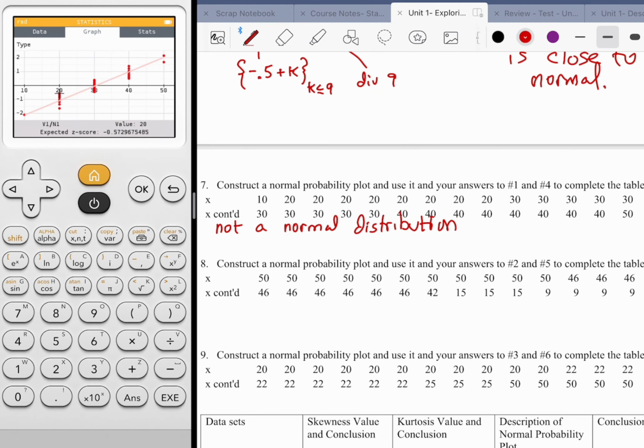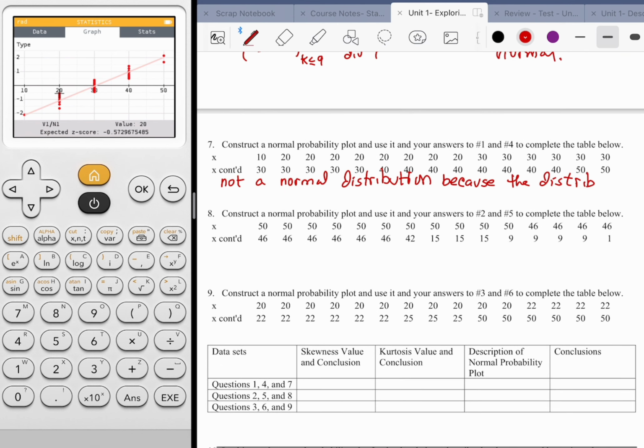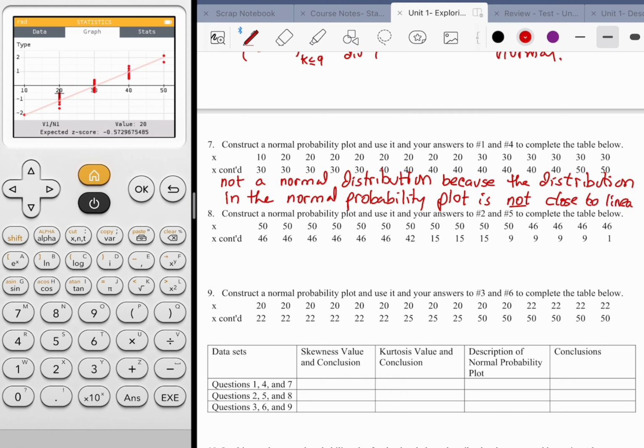Again, because the distribution of the data in the normal probability plot is not close to linear. That's what we call the worst case scenario.